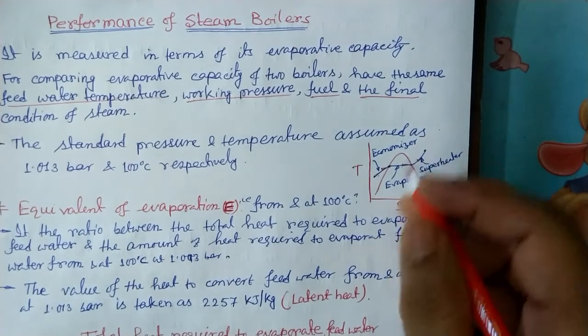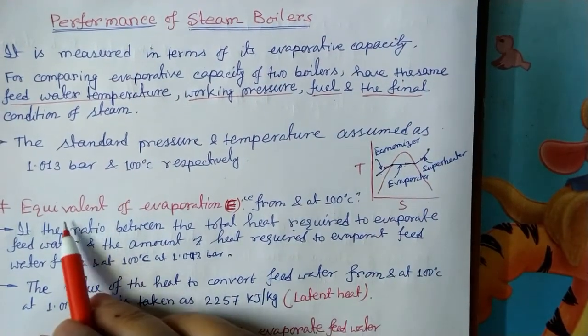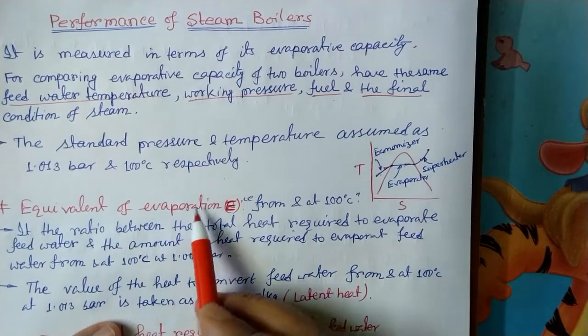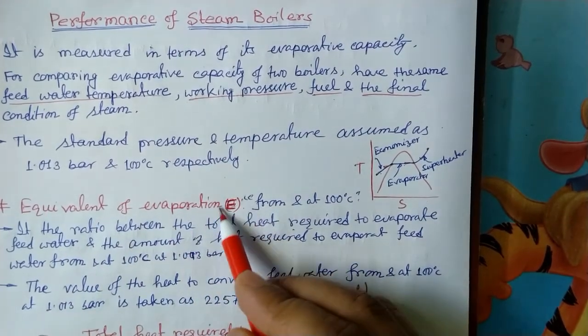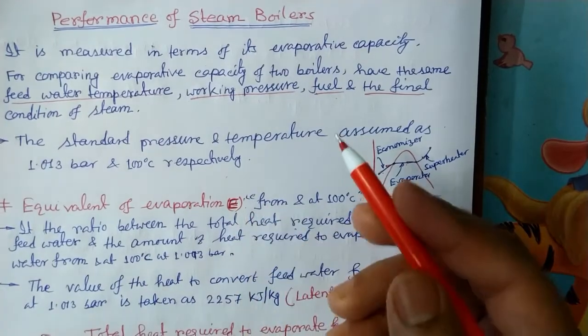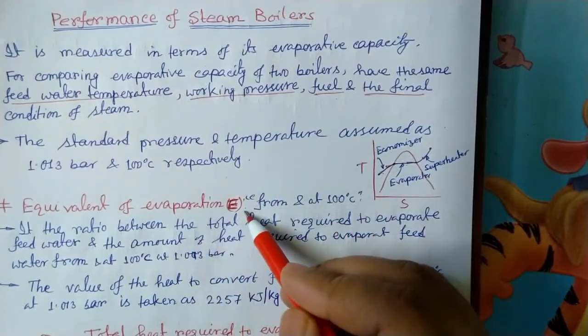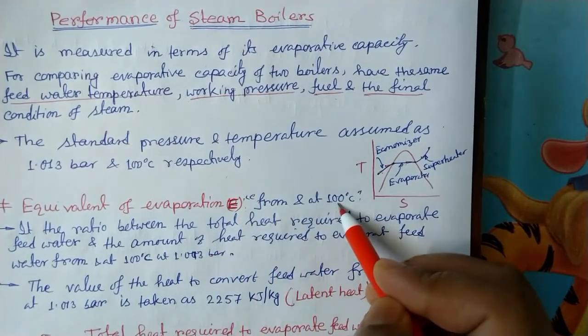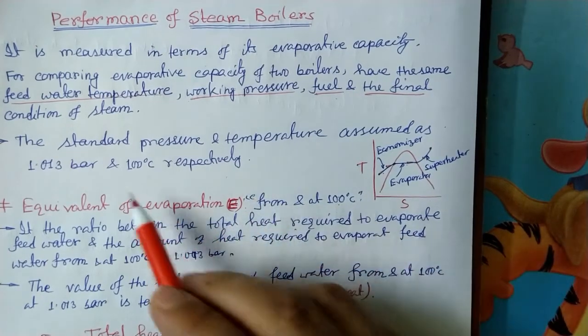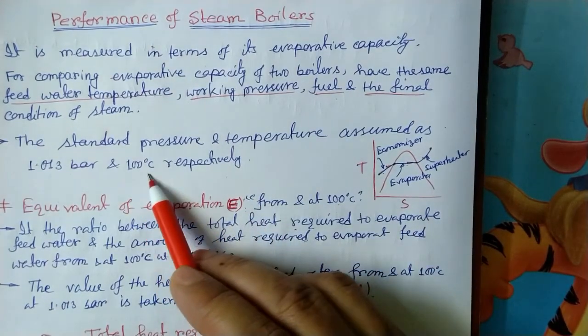Now let's see the next parameter, the equivalent of evaporation, which is denoted by capital E. Sometimes it is called the equivalent of evaporation from and at 100 degrees centigrade, because the standard temperature is taken as 100 degrees centigrade.